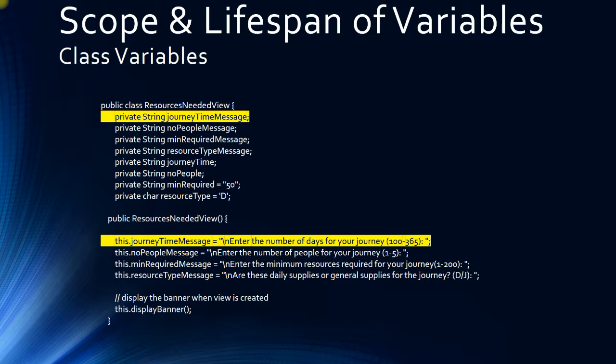And the lifespan of the variable is within the class as well. So once the class is still in memory, then the variable itself is still alive and functional. Once the class is no longer in memory, the variable goes with it. To reference this variable, we use this dot, in this case, journey time message.